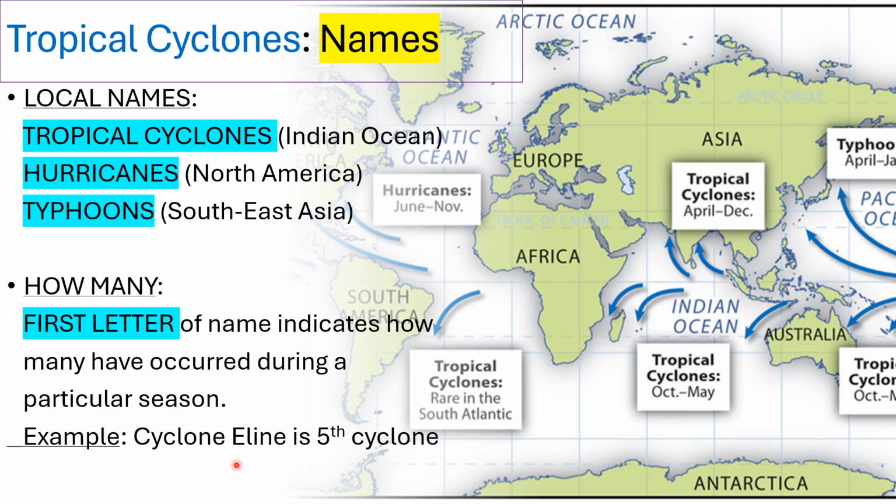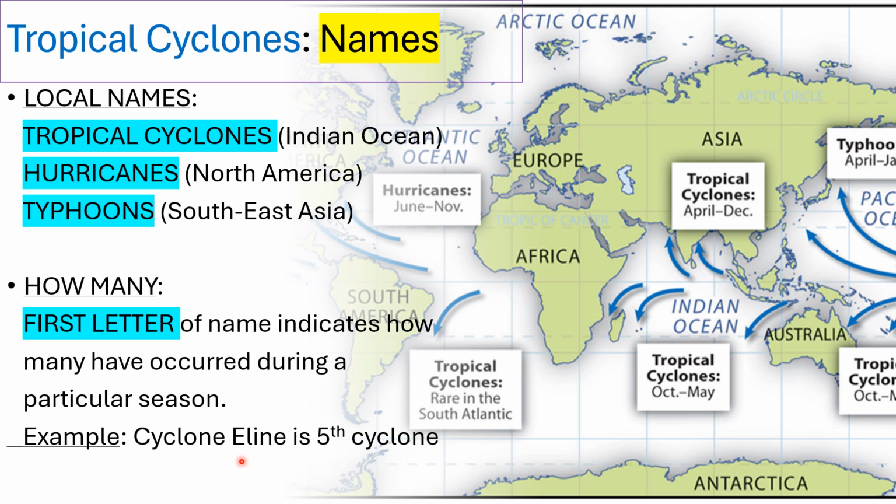In the case of Helene, E is the fifth letter of the alphabet, and therefore, because E is the fifth letter of the alphabet, it goes without saying that Helene was the fifth cyclone of the cyclone season over the Indian Ocean. So once the sixth cyclone develops, the name will then start with the next letter in the alphabet, which is F.